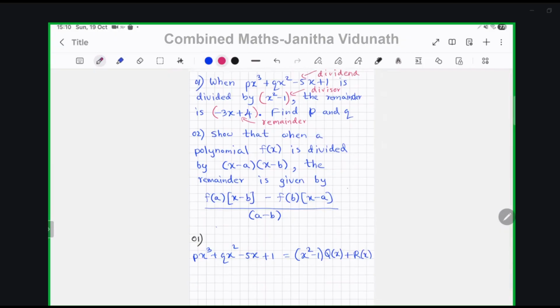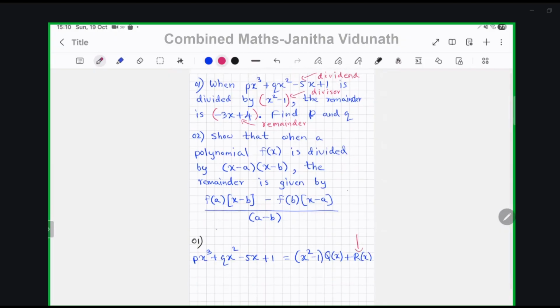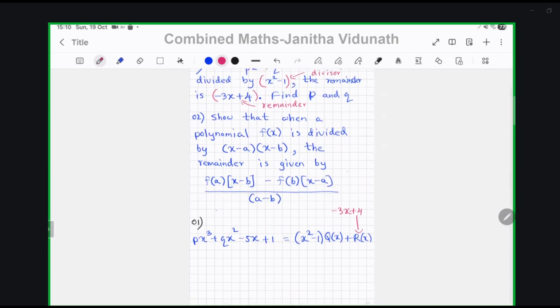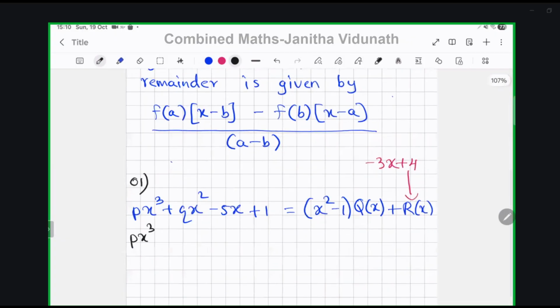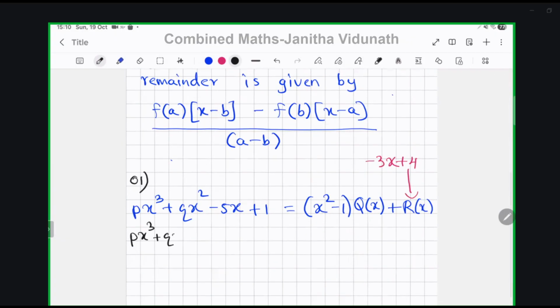Now, they have already mentioned that our remainder is minus 3x plus 4. Then we can rewrite this as px cube plus qx square minus 5x plus 1 is equal to x square minus 1 times qx plus minus 3x plus 4.